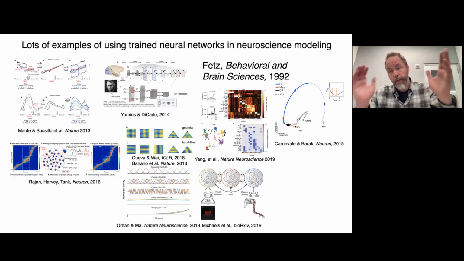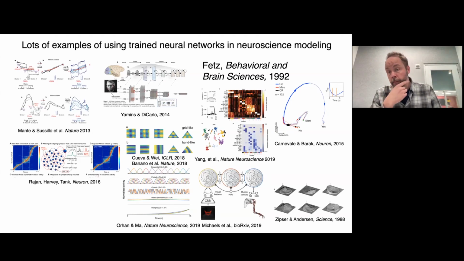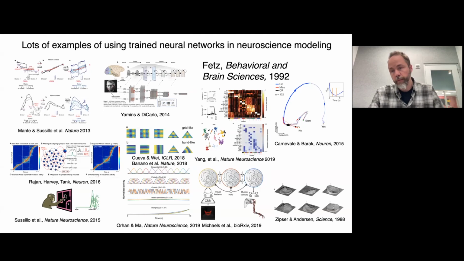And then, of course, I don't need to belabor this, there's an entire subfield on feed-forward networks. Really the first one was Zipser and Andersen in '88, where they showed that translating from retinotopic coordinates to head coordinates gave you gain fields. That's, by the way, not recurrent.